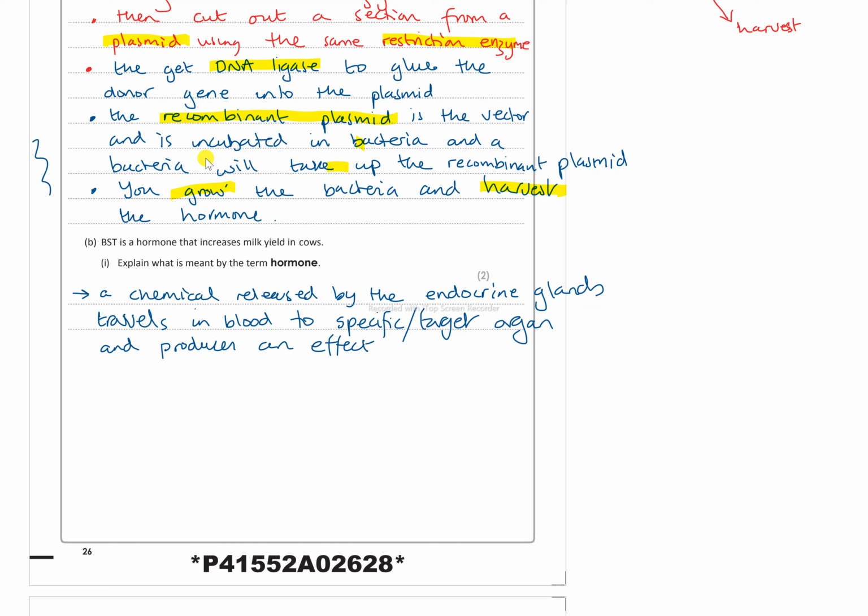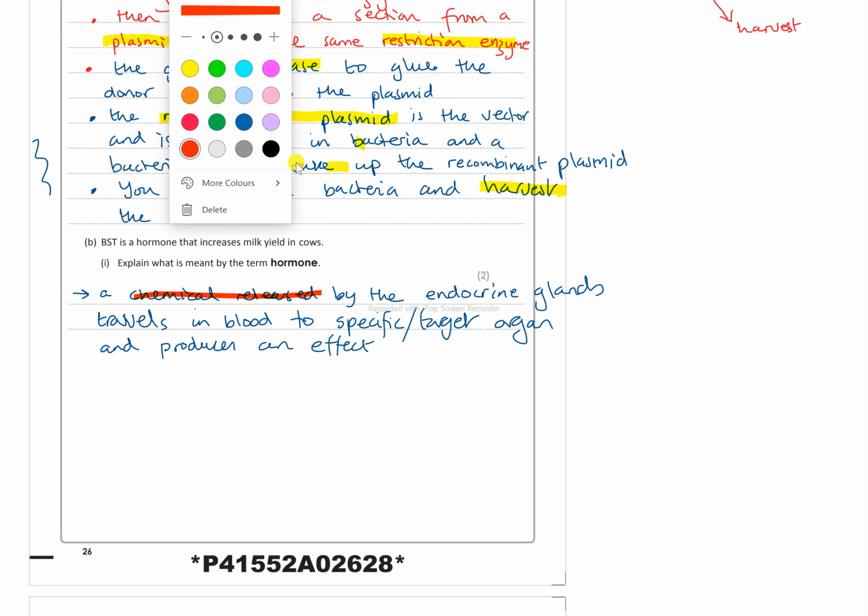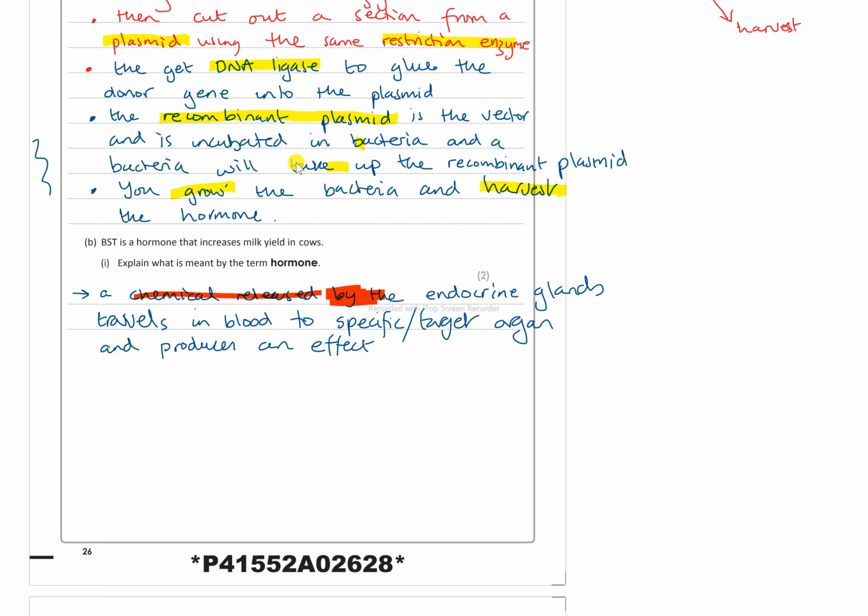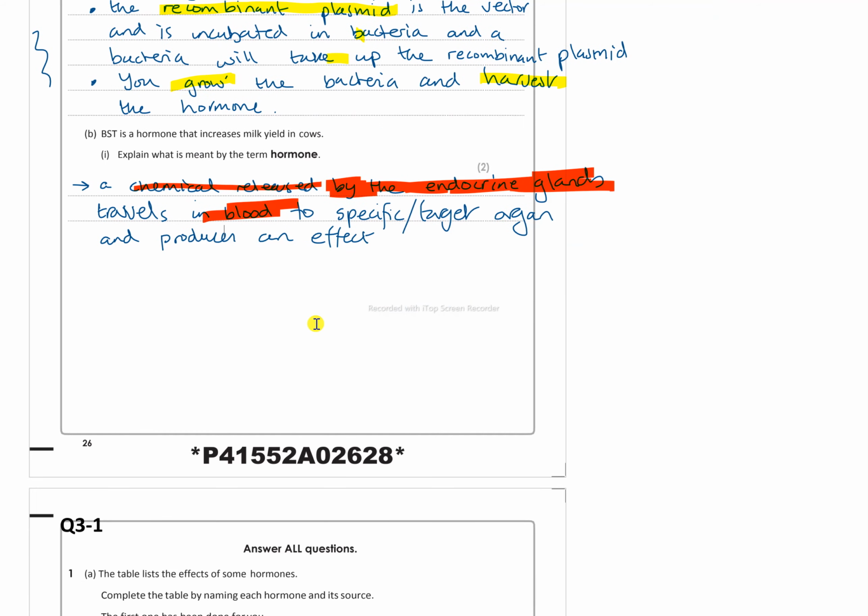So there's a few things going on here. It's a chemical released by endocrine glands. It travels in the blood and targets specific organs to produce an effect. So it doesn't target everything, although it's traveling. So ADH will go to the collecting ducts in the nephron, which is in the kidney.